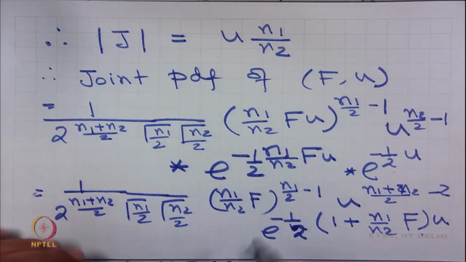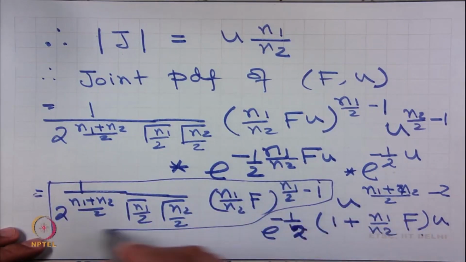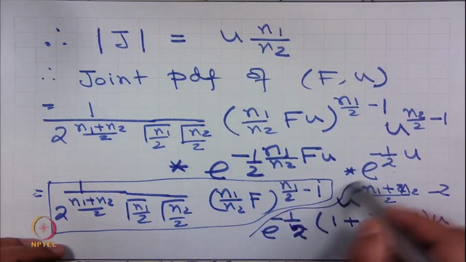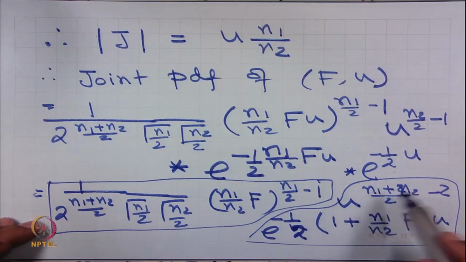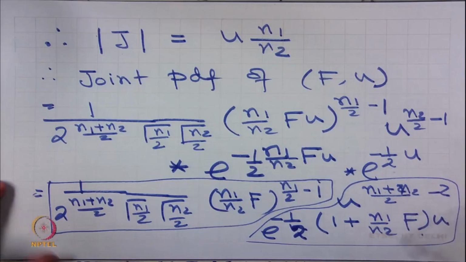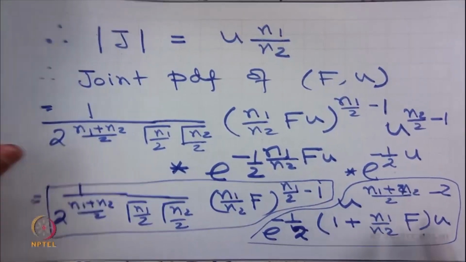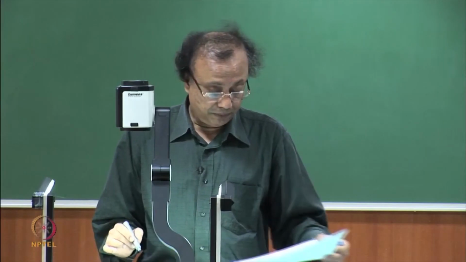Therefore, this part is independent of u, and if we look at this part, again it comes e to the power minus some positive constant times u into u to the power n1 plus n2 by 2 minus 2, which we can write in something minus 1 form. Therefore, this again gives rise to a gamma integral.